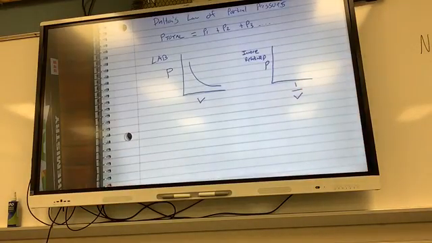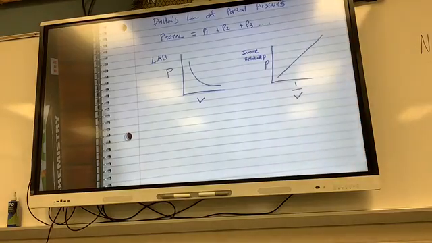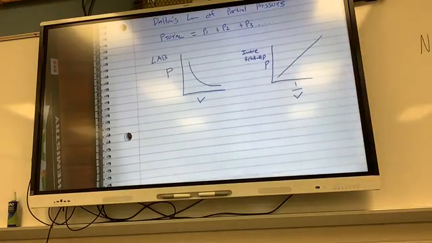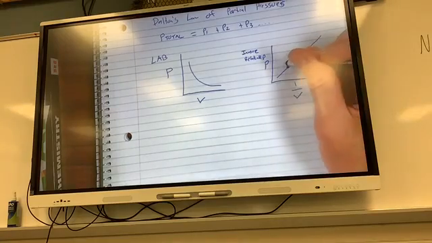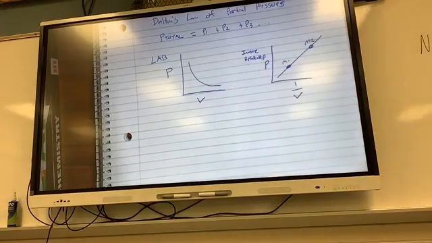These are the same graph. I'm just manipulating it into a straight line. Why would I manipulate it into a straight line? What can I do to a straight line that I can't do to a curved line?